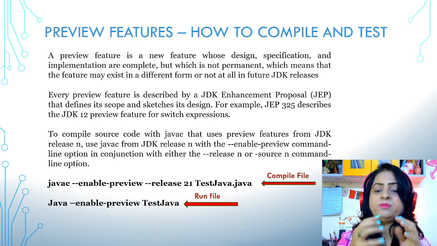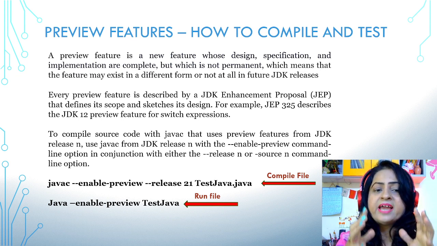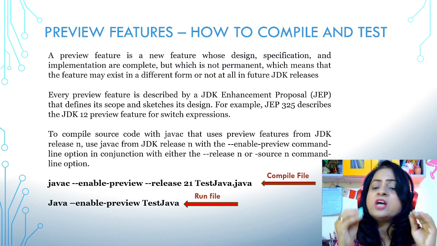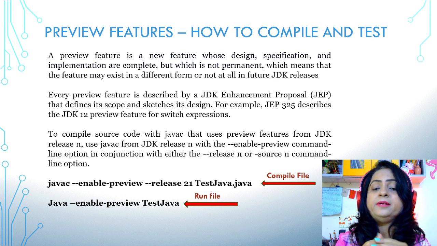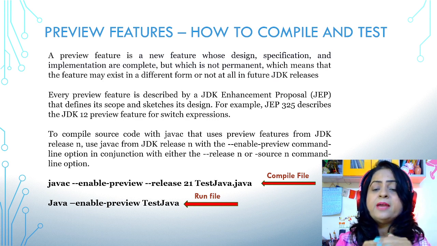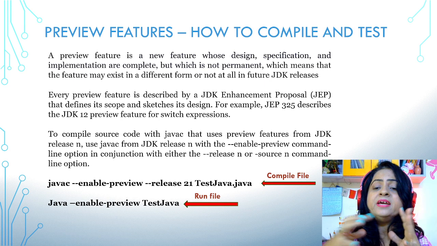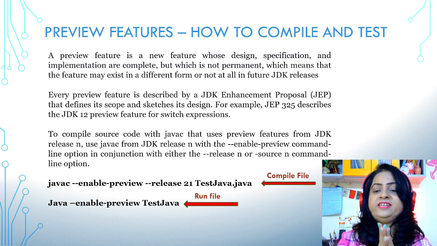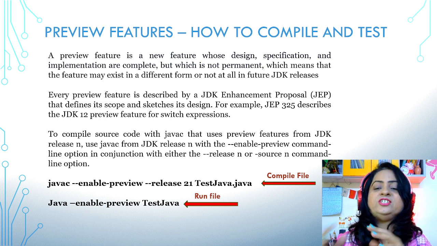What is a preview feature? A preview feature is just a design and specification which are complete, but they are not permanent. Not permanent means they are available in this release, in this JDK, but may or may not be available in future releases, or may appear in a different form in future releases. So those are known as preview features.